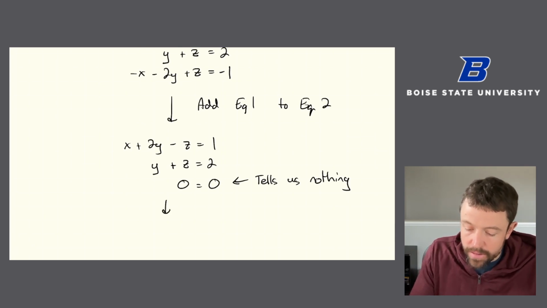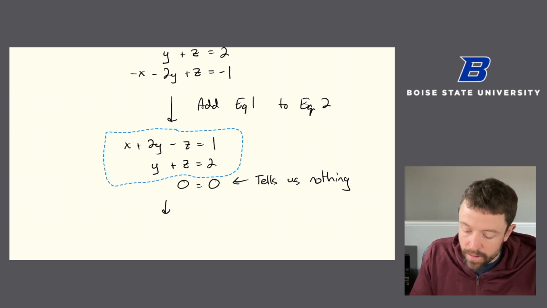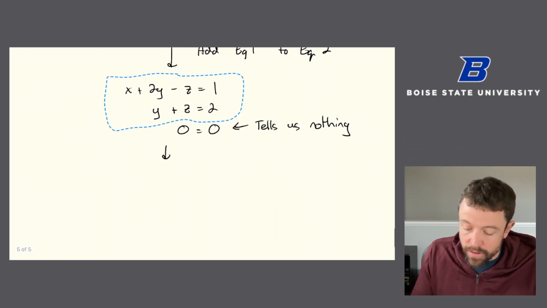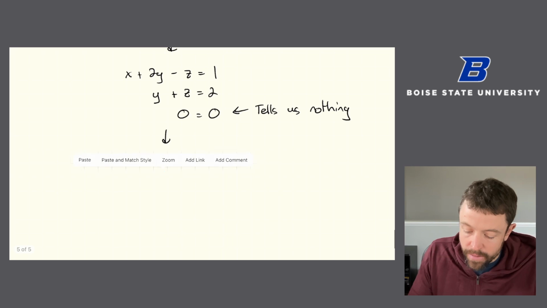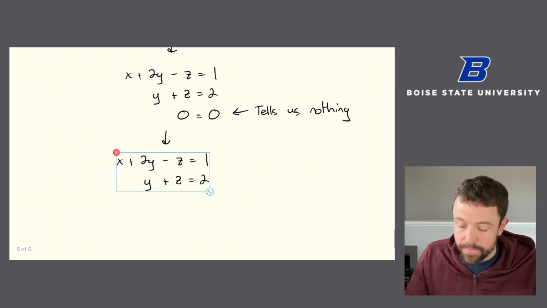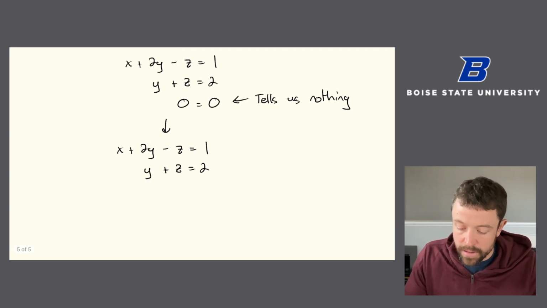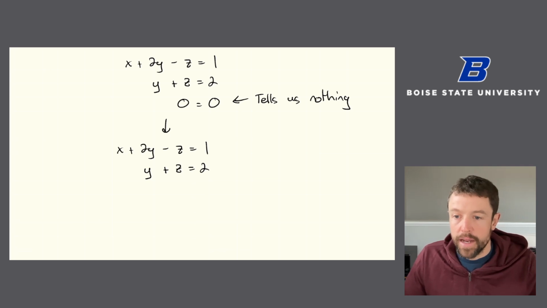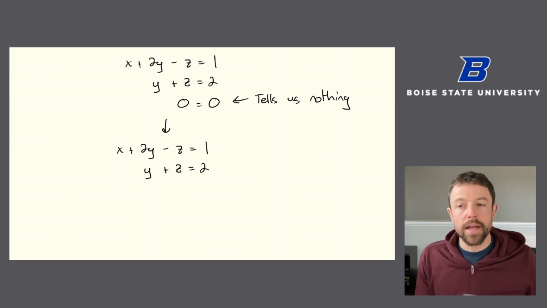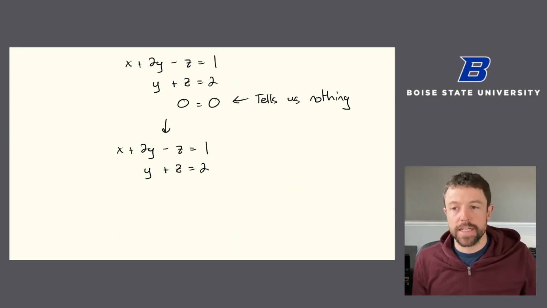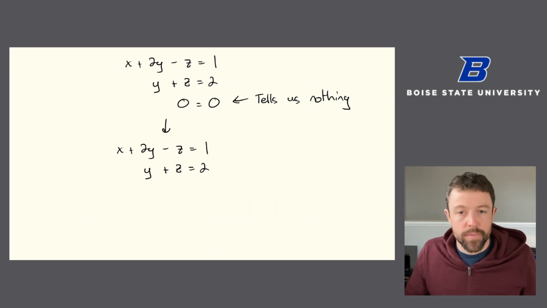We would say, look, we don't need to work with this. We're going to get rid of that row. This is only for 0 equals 0. We would just say, okay, that equation's not helping us. We don't need to work with it anymore. So that's what happens if we get a 0 equals 0 row. Right now, we just ignore it. Later, in different similar situations, it'll make sense to keep it. But for now, we're going to just ignore it.